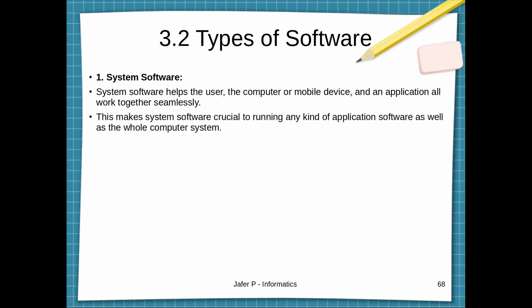You need mobile devices, or it may have an application. All those things work together using system software. This makes system software crucial to running any kind of application software as well as the whole computer system. So system software is very important to manage the application software and the entire hardware implemented in a computer system. Not only in a computer system but also in many electronic devices.